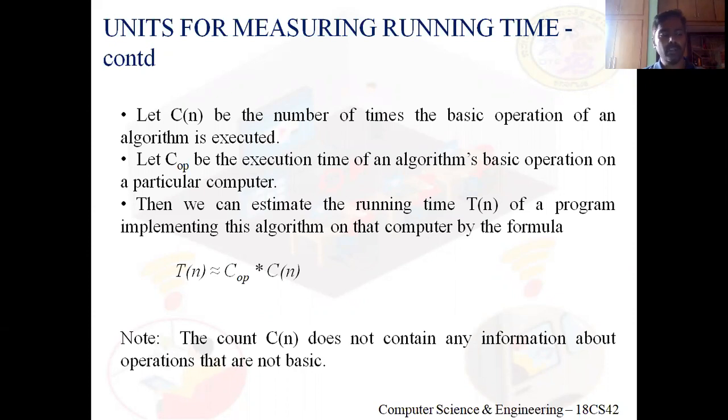Let me say the operation count is 10, and c_op, the time for one execution of the operation, is 1 second. Then the total time is 1 into 10, which is 10 seconds. Clear? In my operation count, I am considering only the basic operation, the most frequently executing operation.